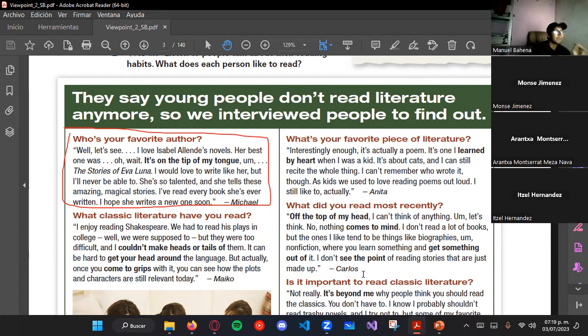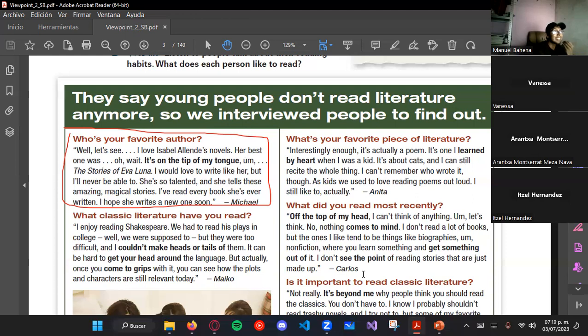I love Isabel Allende's novels. Amo las novelas de Isabel Allende. Her best one was, oh, wait. Su mejor novela fue, oh, espera.